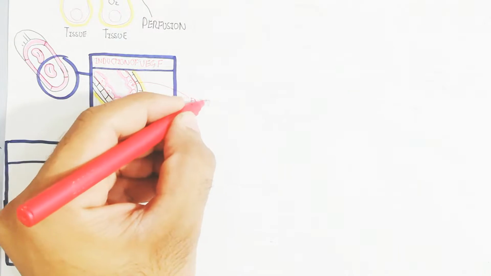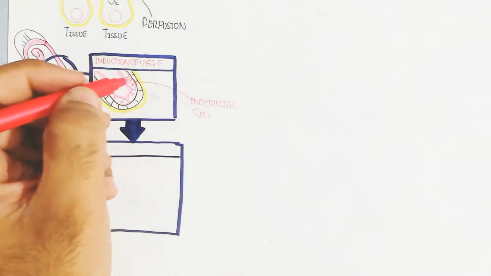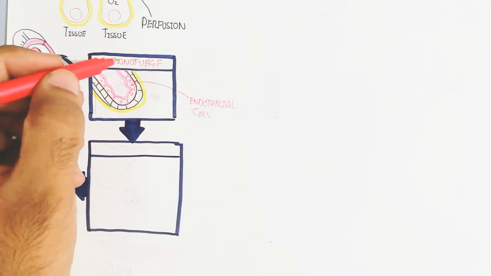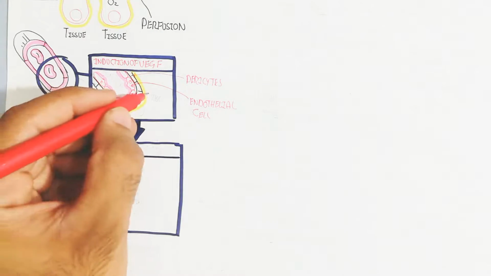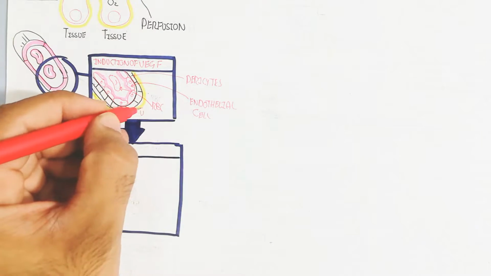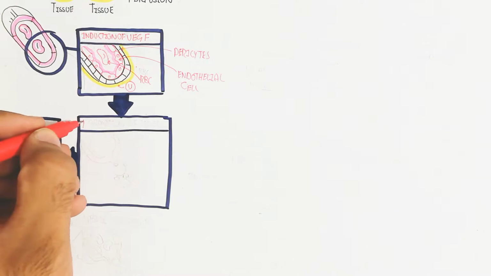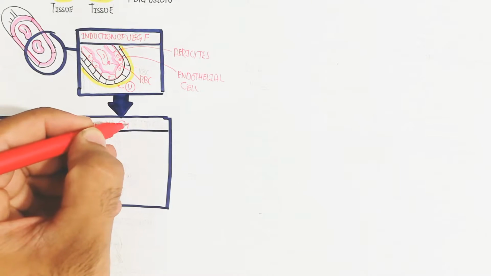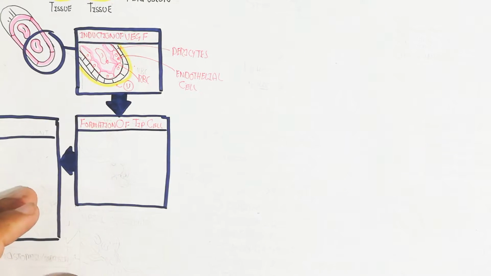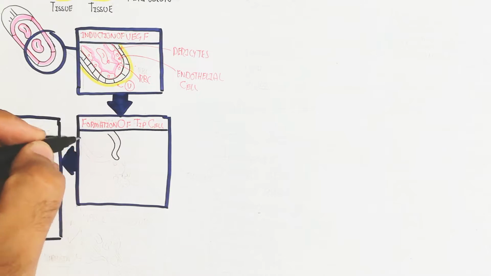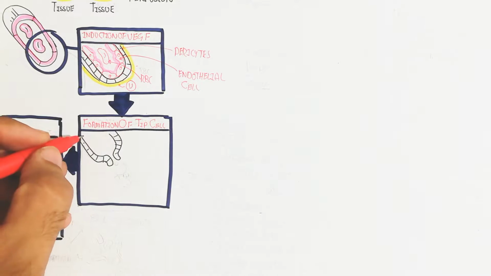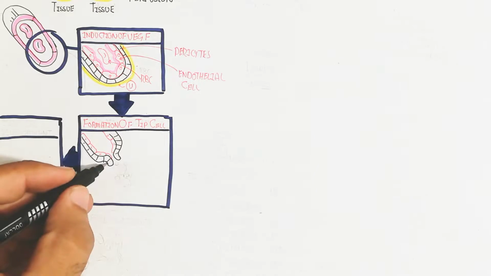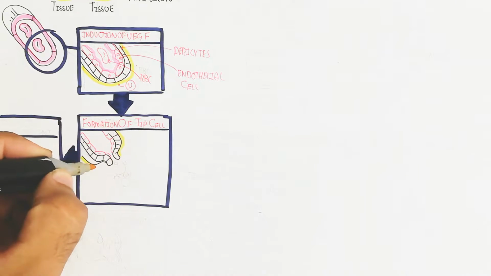First is the induction of VEGF, the vascular endothelial growth factor. When it binds, due to the growth hormone stimulation, the growth stimulation will lead to the pericyte here, the endothelial cell here, and the RBC. So in this way, the vascular endothelial growth factor binds, and after this binding comes the formation of the tip cell.